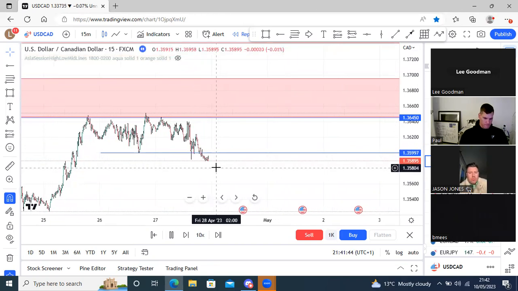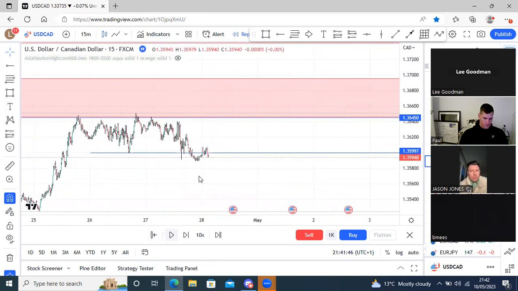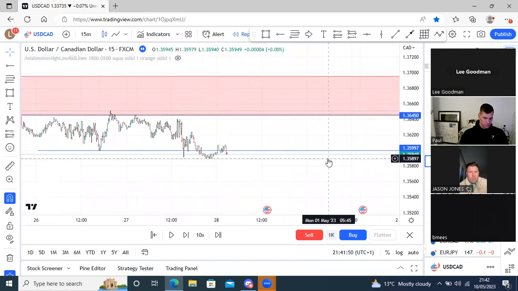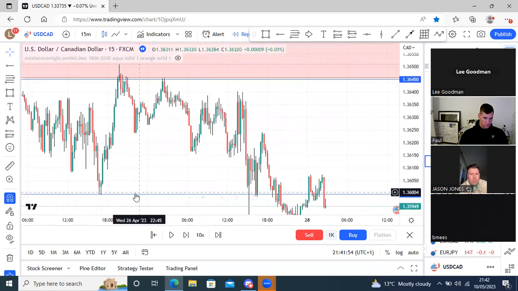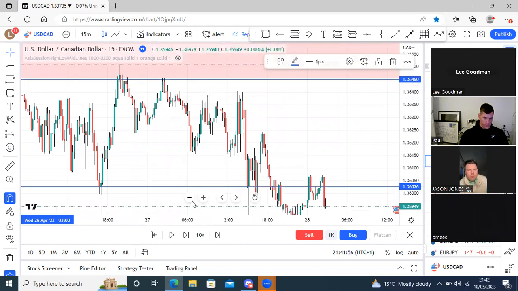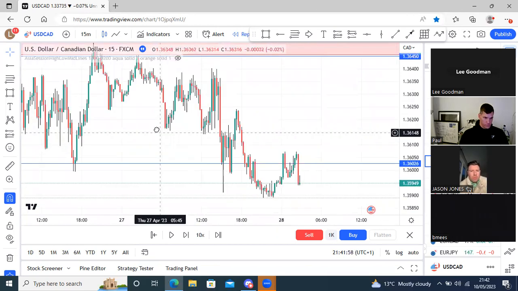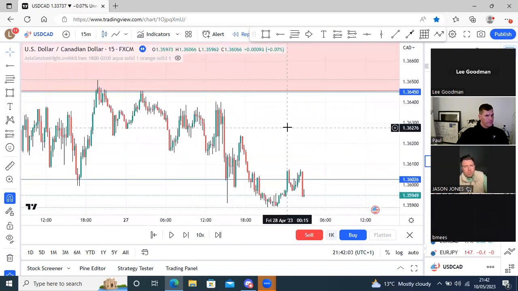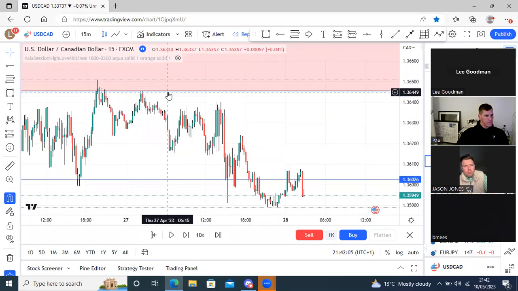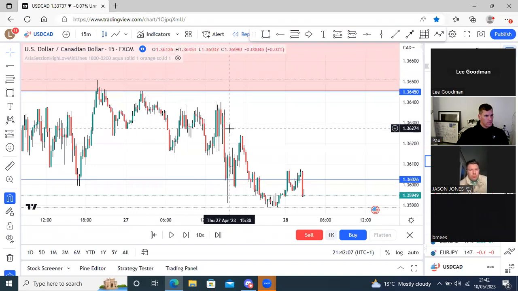Wait for it to close below. Now it's closed below this here. Just zoom in so you can see. So I was waiting for it to close below that line. Obviously, I've got it with this candle here. Now, this one's quite a difficult one.